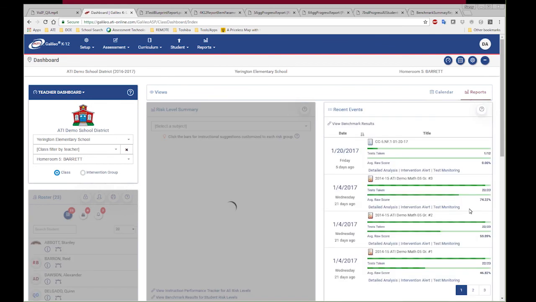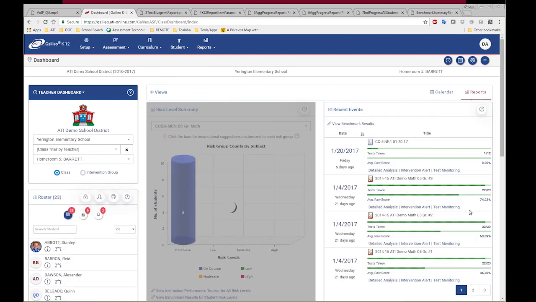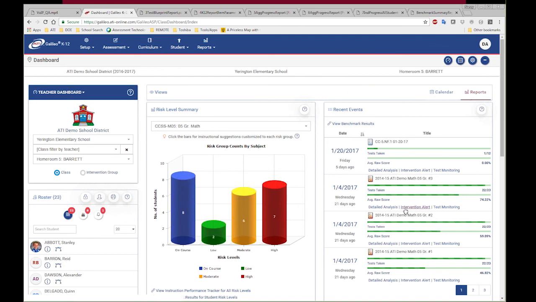There is a test monitoring report, and you will see those answers populate, and that in turn will populate your intervention alert and detailed analysis. For your analyzed scores in the state of Arizona, those will start to populate in your benchmark results, risk reports, and your growth reports as soon as the first student completes a test. Those will start dropping in. I would not look at many of those scores and reports until all students are done.